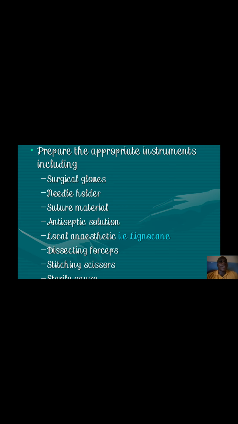But also needle holder. A needle holder ni forceps ambayo inatumika kuhold needle au catgut wakati wa repairing. Lazima vipo vile vitu. Na others unakuta hawana needle holder, so wanarepair as if wanashona nguo. So hii inaweza ikakupelekea ukajipriki wewe mwenyewe, ukajiingiza katika matatizo ambayo sio rasmi.